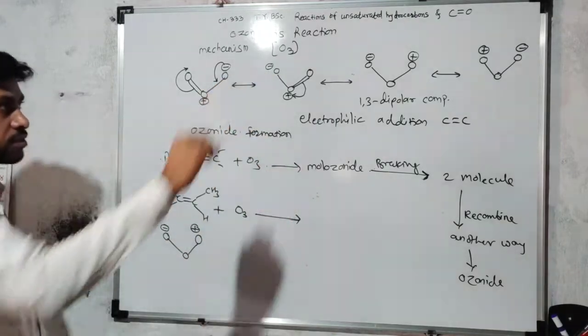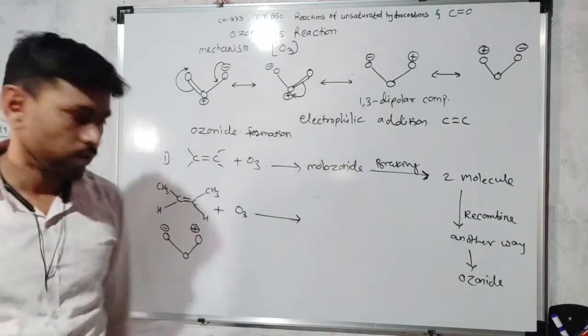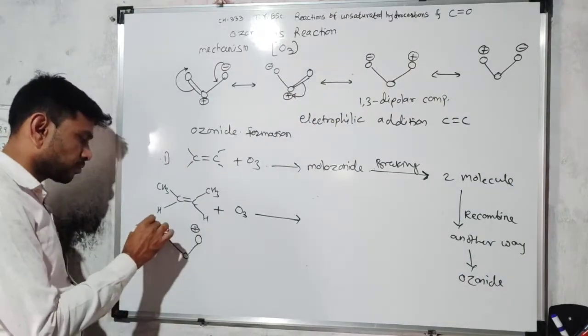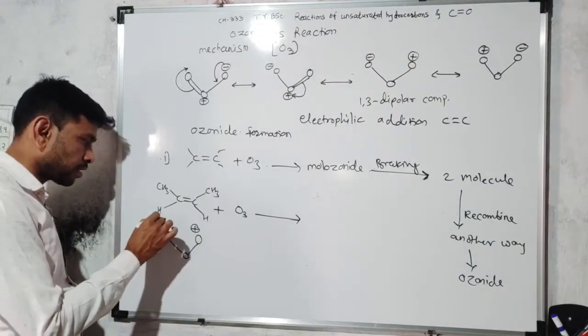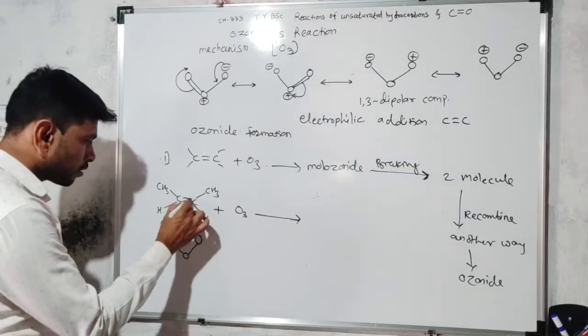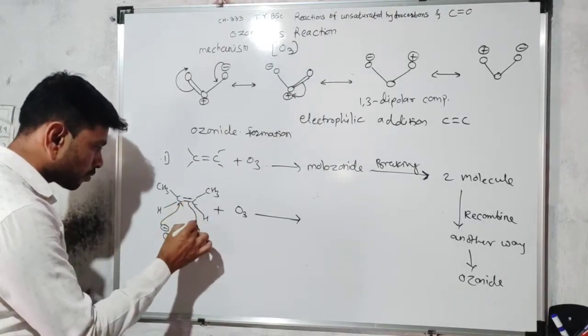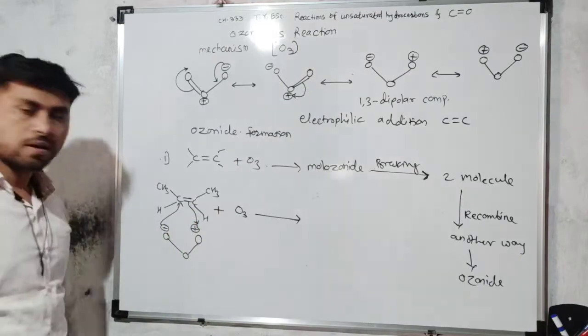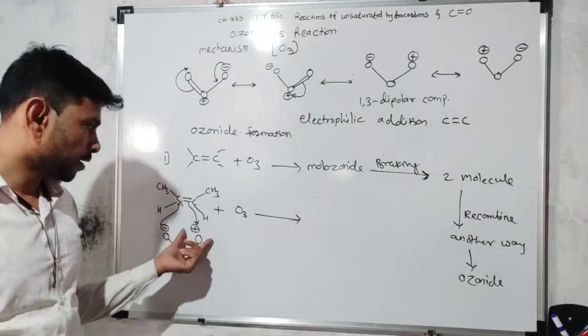Now this negatively charged electron density attacks the carbon, due to which the carbon-carbon double bond electron density shifts here.